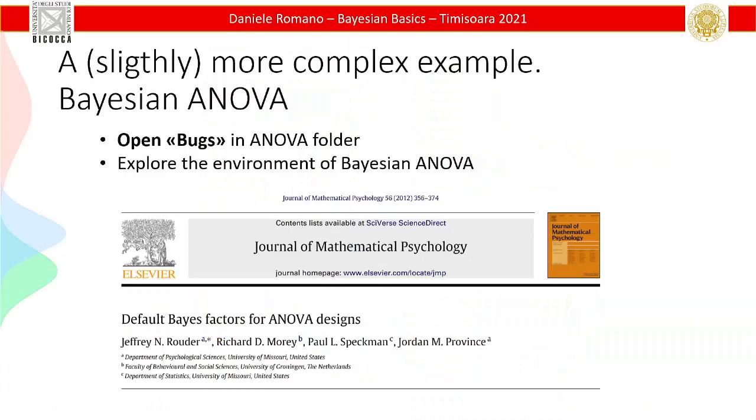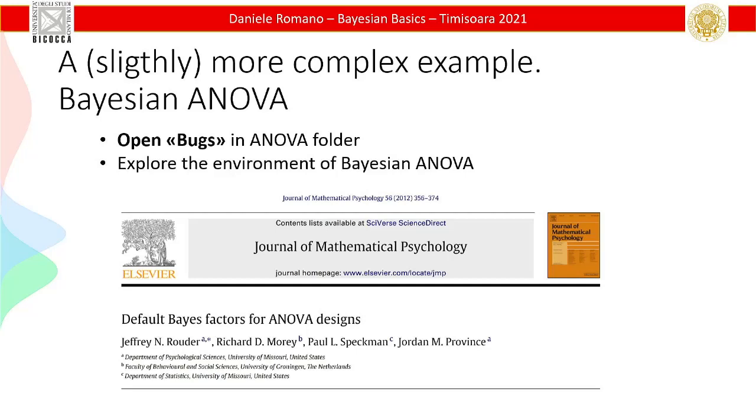Okay, good. So let's try to quickly go through this. So Bayesian ANOVA. Well, ANOVA is not the proper name, although we commonly speak about Bayesian ANOVA, although it's not an analysis of variance.